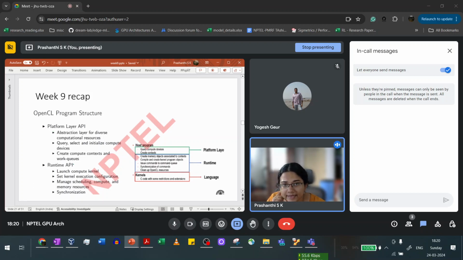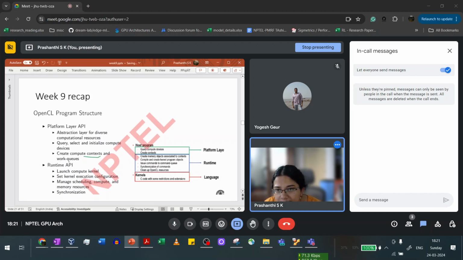So broadly speaking, we have the platform layer, and this is kind of an abstraction layer across all of these diverse computational resources. So you could query your compute devices. So we saw some examples like that, right? You listed all devices that were available, and then you could select and initialize the devices that are available, and you could also create contexts and work queues, right?